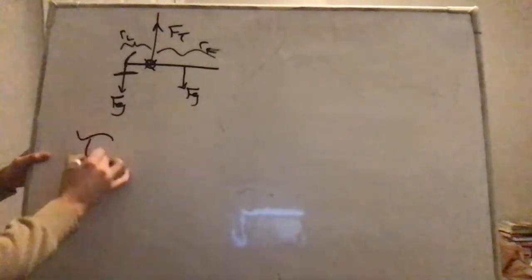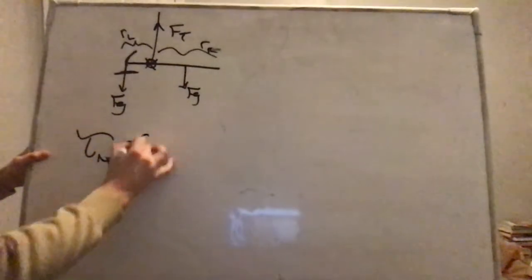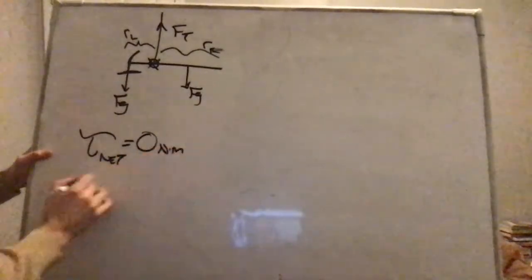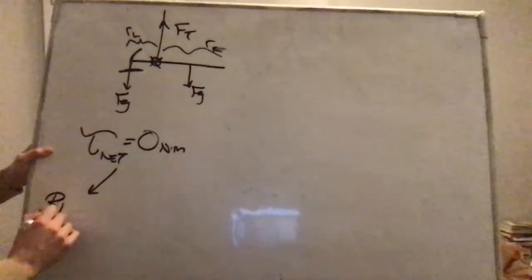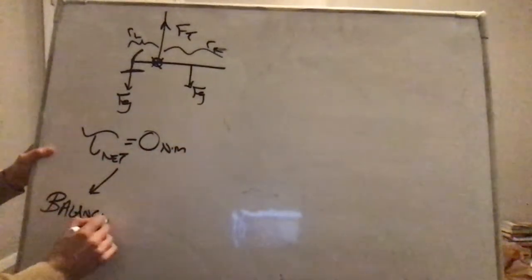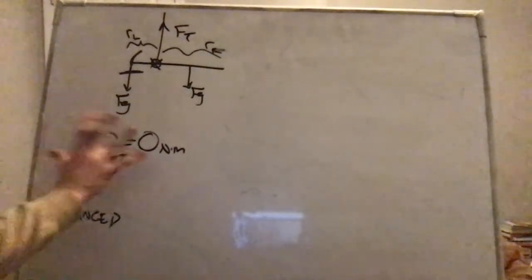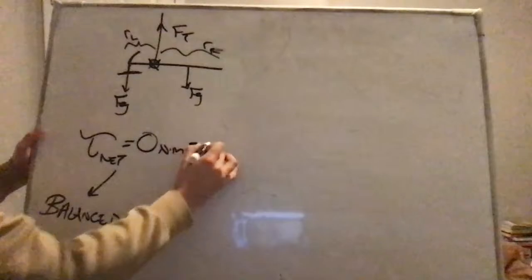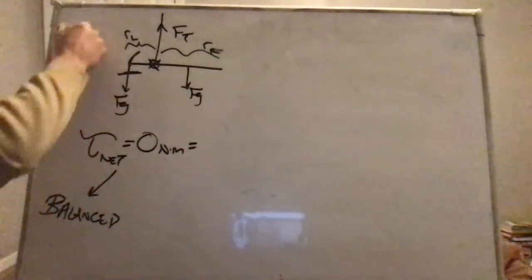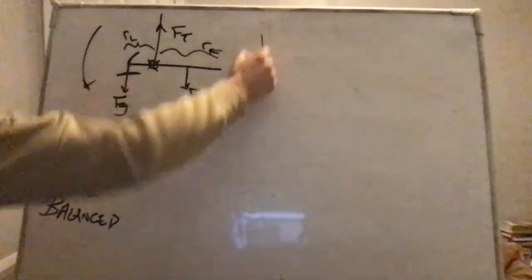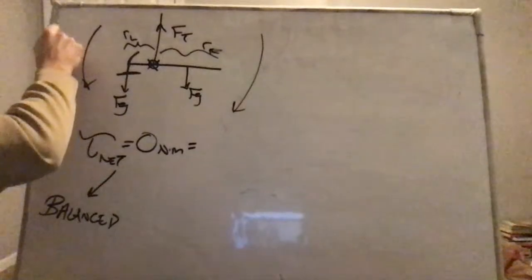What we need is our net torque to be 0 newtons times meters. This means we are balanced. This means we are not rotating or accelerating rotationally. This is how we balance. So we can go ahead and write net torque expressions. And we decided that up, down, left, right don't work in terms of directions.